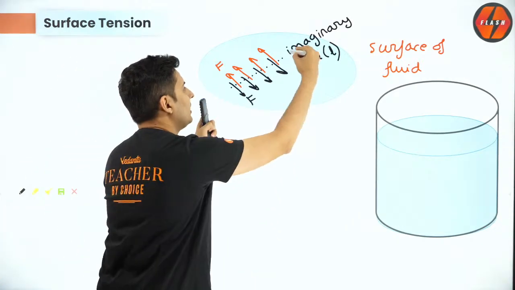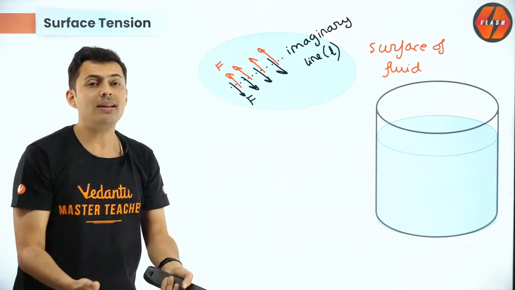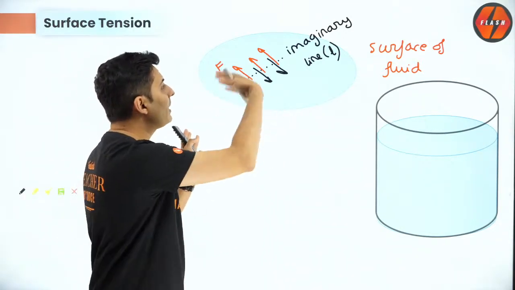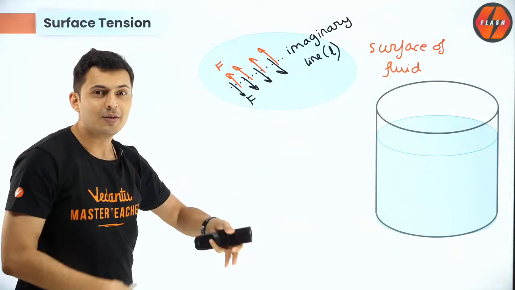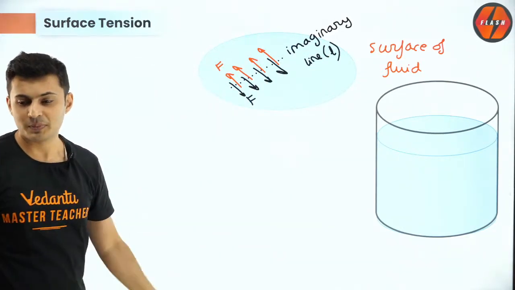Now if you take the line to be longer, this force will also increase. Why will that force increase? Because there will be more people in your tug of war competition. So more the length of this imaginary line, more is the value of this force.